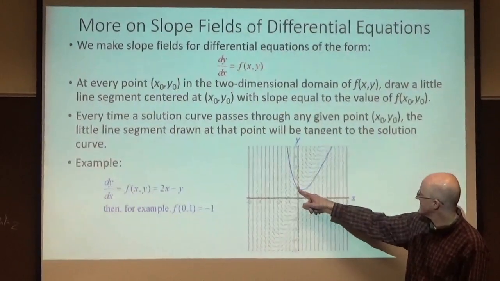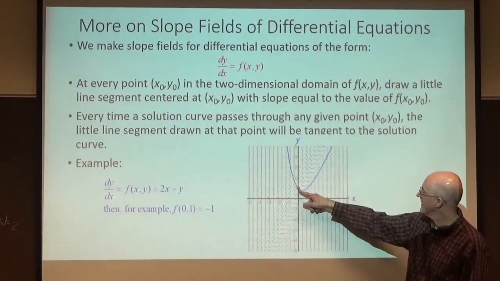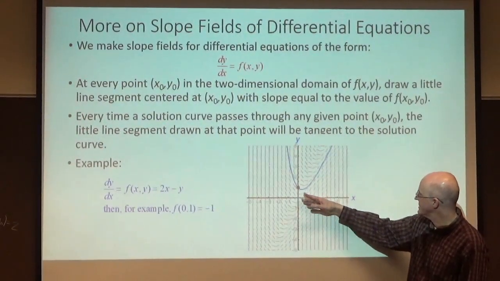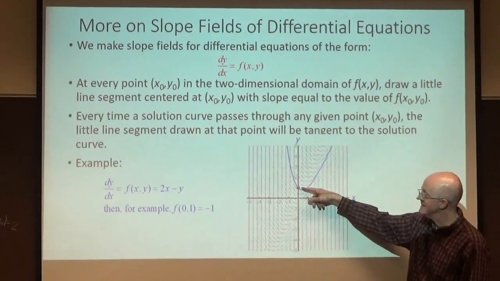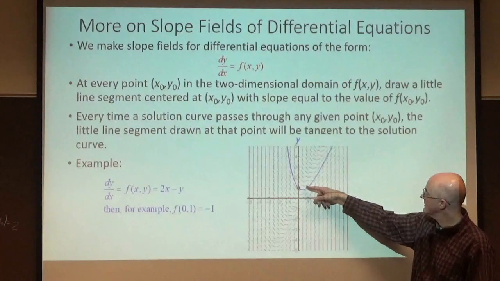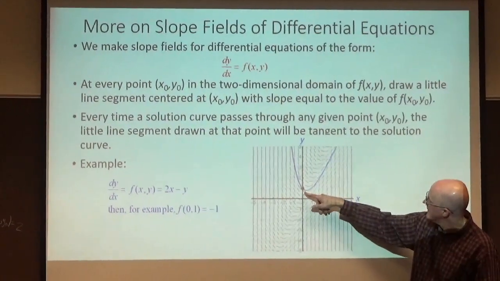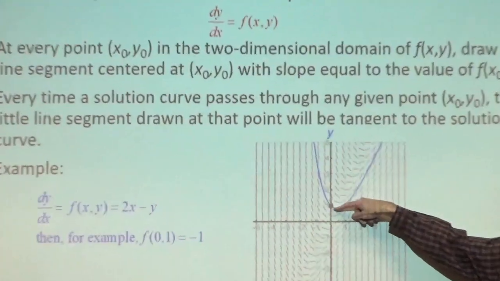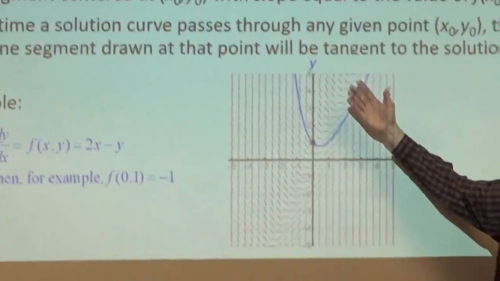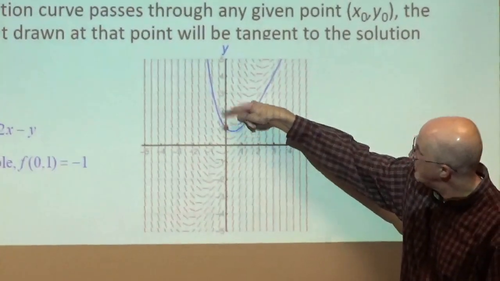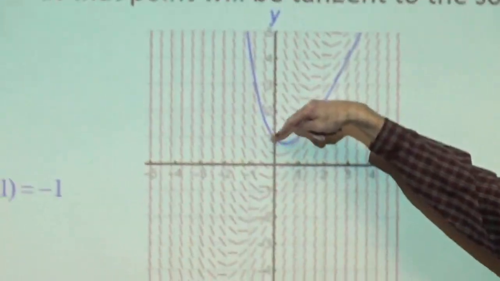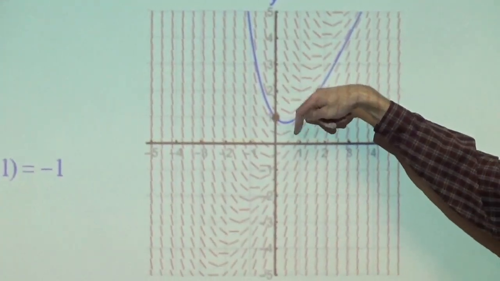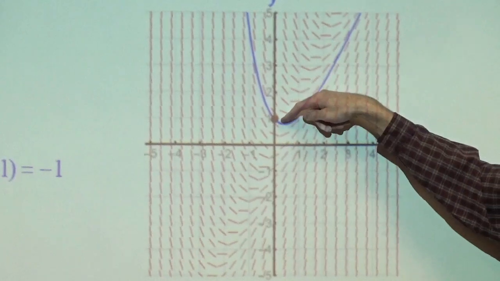There's the particular point, 0, 1, that black dot there. The computer didn't actually draw a line segment through that point, but it drew some line segments close to it. Zoom in on this picture if you need to. You can see these little red line segments close to it do have a slope approximately negative 1. The slope of this solution curve in blue, this is a solution curve, at that point is negative 1. The derivative of the blue curve at that point is negative 1.